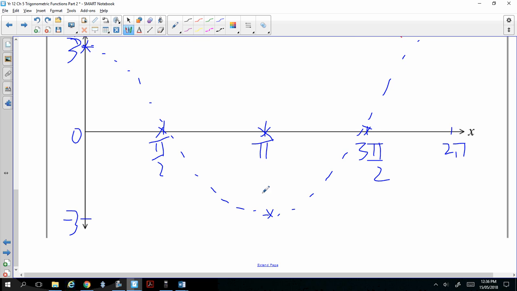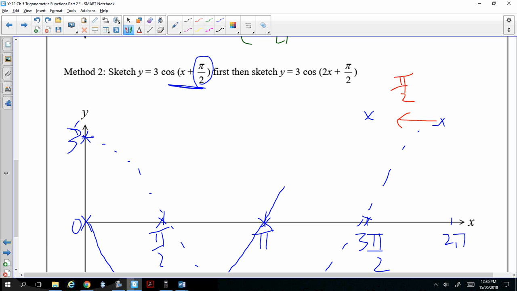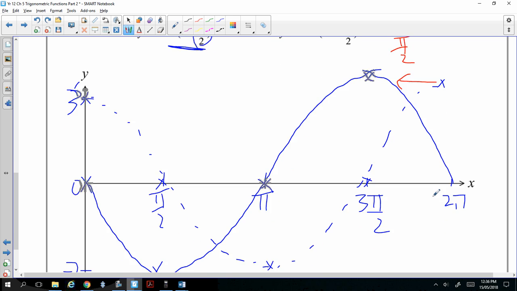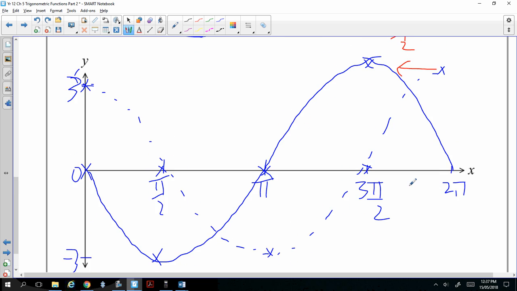After we shift to the left, this graph is y equal to cos x plus pi on 2. And then we change x into 2x. And when we change x into 2x, that's where the period changes.